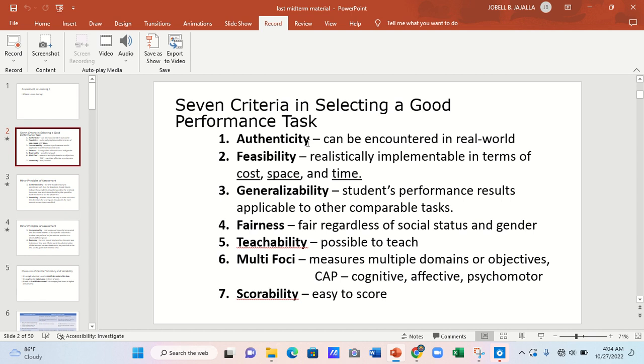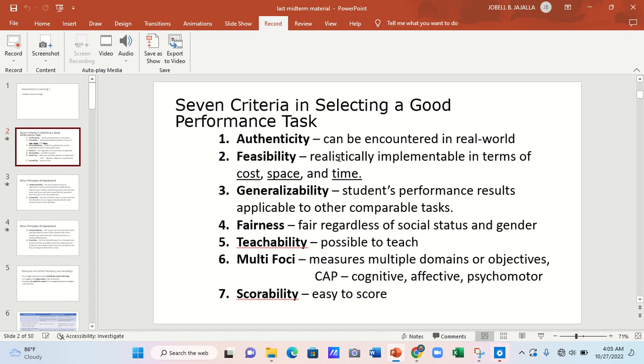The more similar it is to what is done in the real world or in the ordinary life of persons, the more authentic it is.